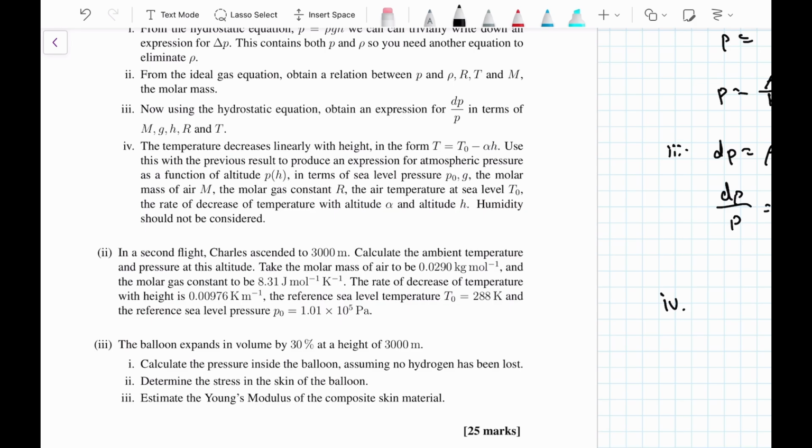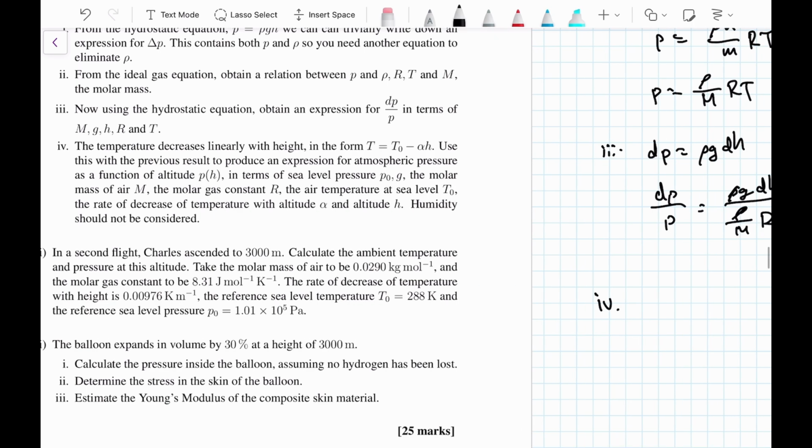With this, use it with the previous result to produce an expression for atmospheric pressure as a function of altitude, in terms of sea level pressure P0, the molar mass of air M, the molar gas constant R, and the rate of decrease of temperature with altitude. Humidity should not be considered.